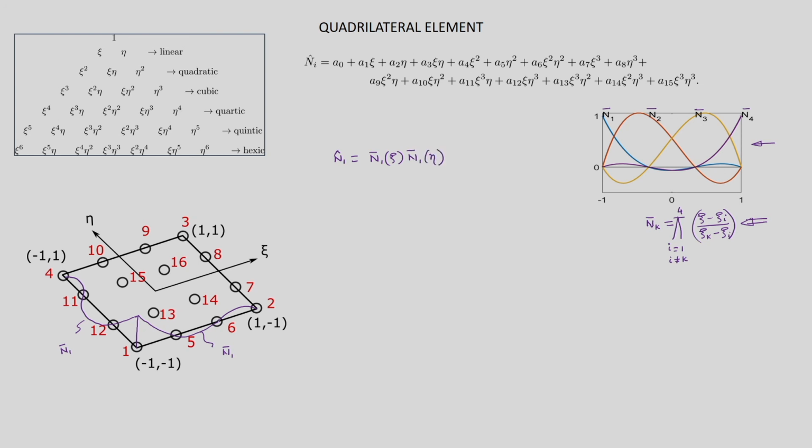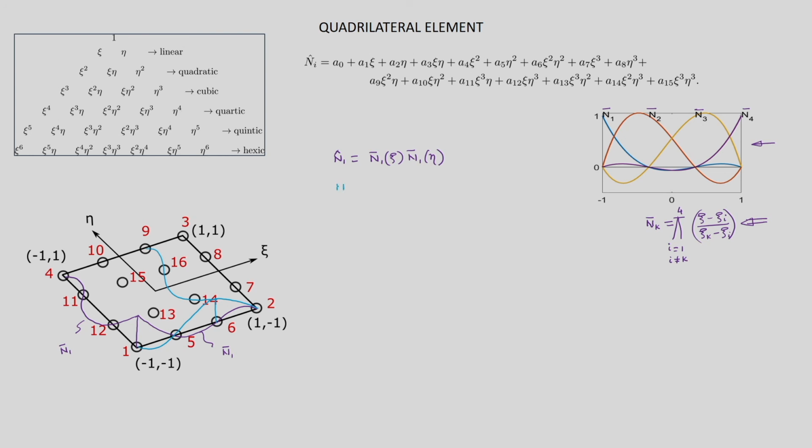Similarly, let us look at node 6. At node 6, phi 6 or n6 has to be 1 and it should vary like this, alright, and in the eta direction it should vary the same way. So, this is n6.